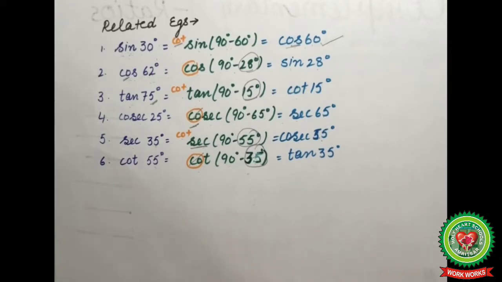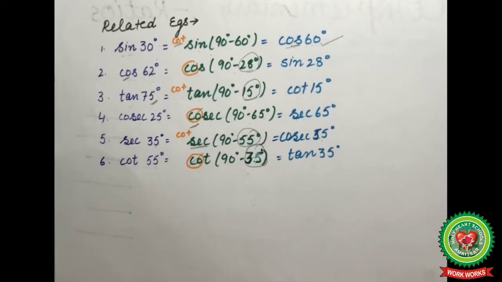But if in the sum the given angle is a standard angle, then we just need to substitute the value of that T ratio. Otherwise, if it is not a standard angle and the sum of the two angles comes out to be 90 degree, then we are going to apply the concept of complementary T ratios.